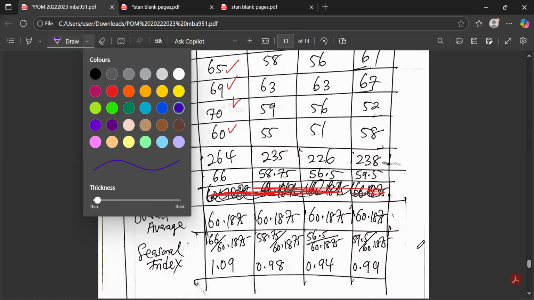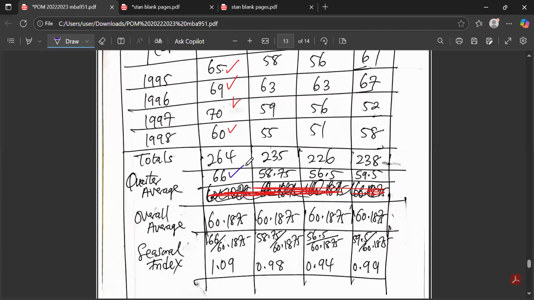And of course, the other one is 235 divided by 4, 58.75. Then these ones, we are dividing by 4, where the 4 is coming from the addition of those numbers. By 4, we are getting these ones. So that's the quarter average. All right, so these are averages.